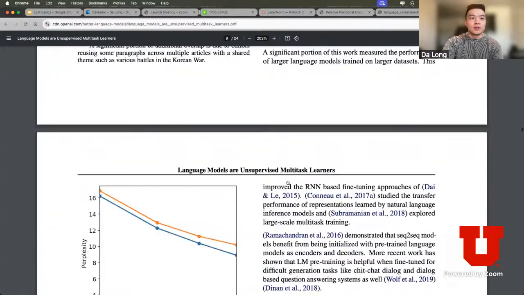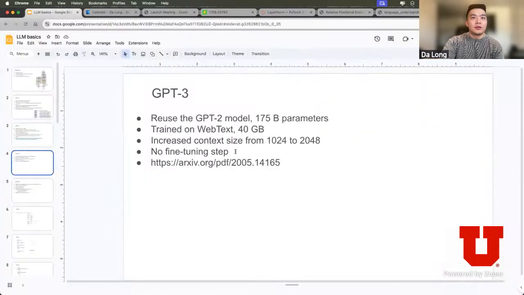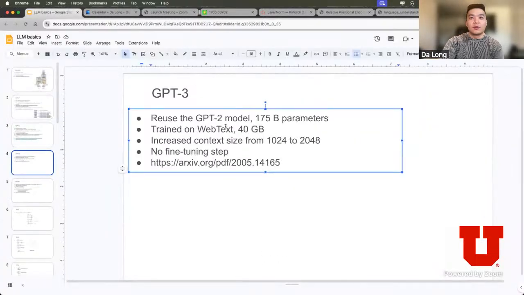Okay, so this is the GPT-2 paper. And then GPT-3 just reuses the GPT-2 model, so there are no changes to the model itself. But they massively increased the parameters, to 175 billion parameters.